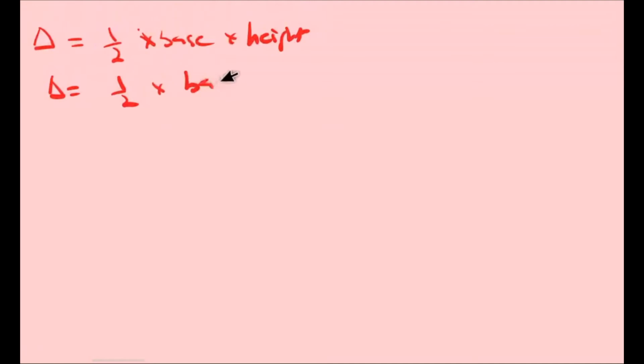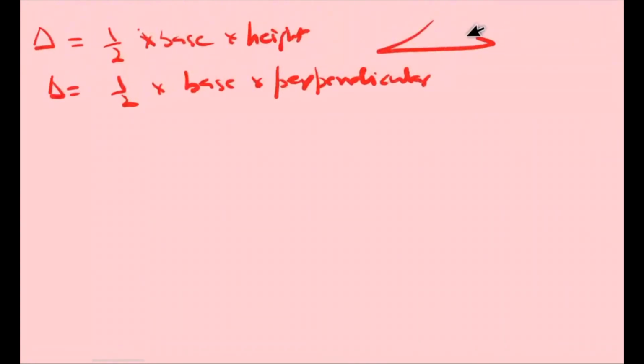Okay, now what we learn here, just remember, area of triangle is half into base into height, or half into perpendicular into base. Here is base, here is height, and in a right triangle base and perpendicular.